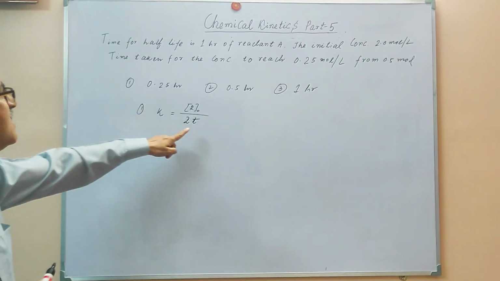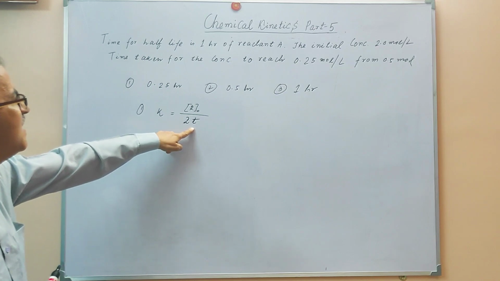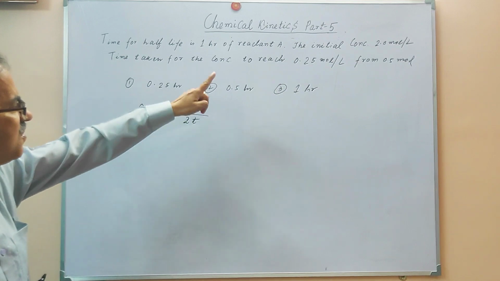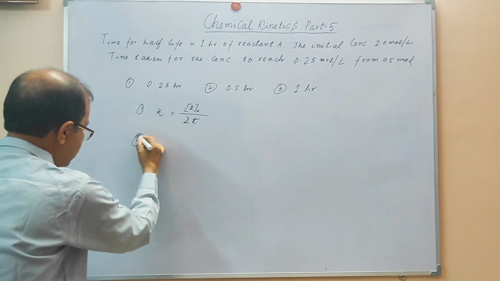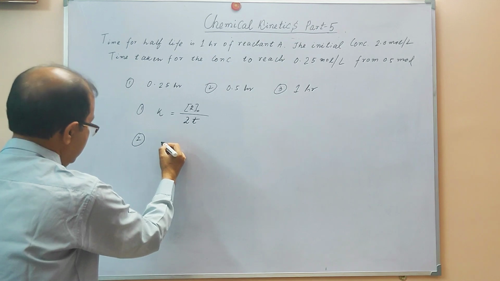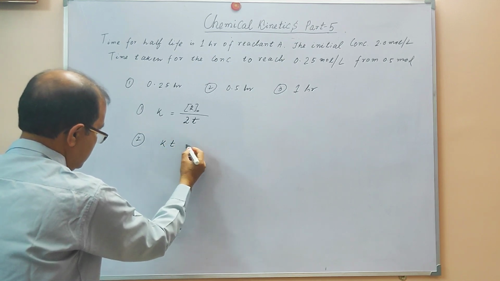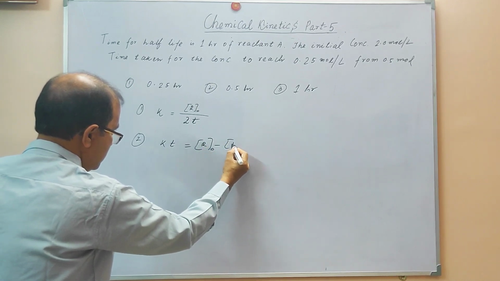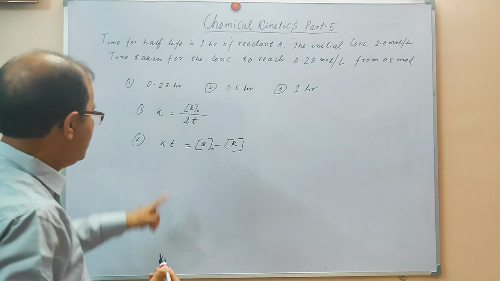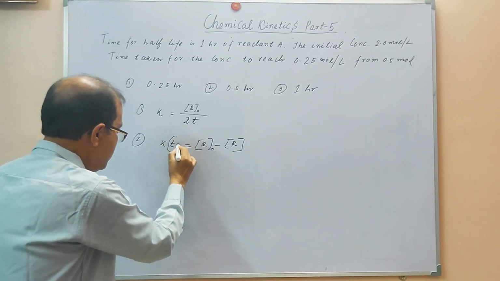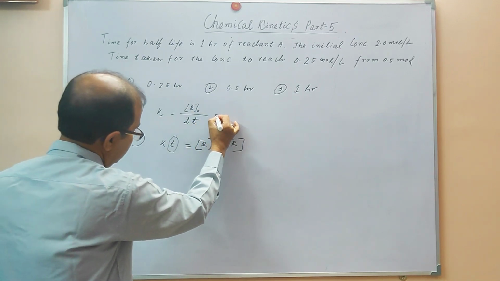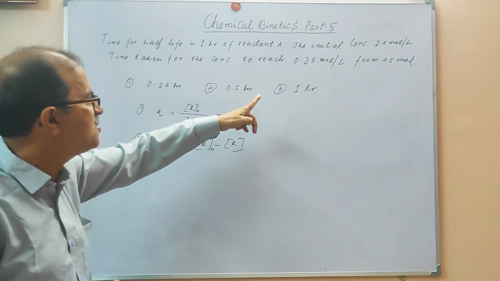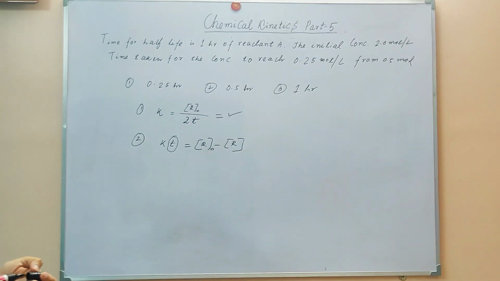From the half-life given, you will get the K value. Second, you have to apply Kt is equal to R0 minus R. You have to calculate T, and here you put this K value, the initial concentration and the final concentration given, and you will get this answer.